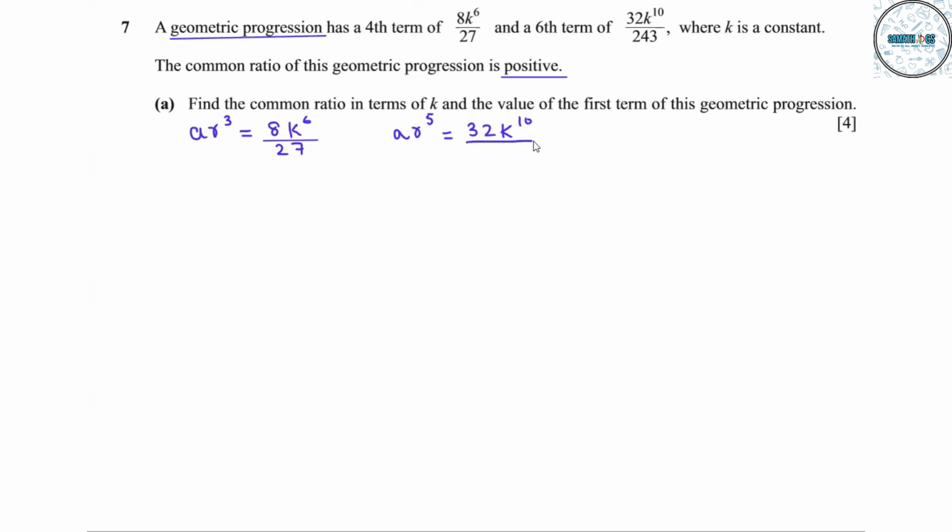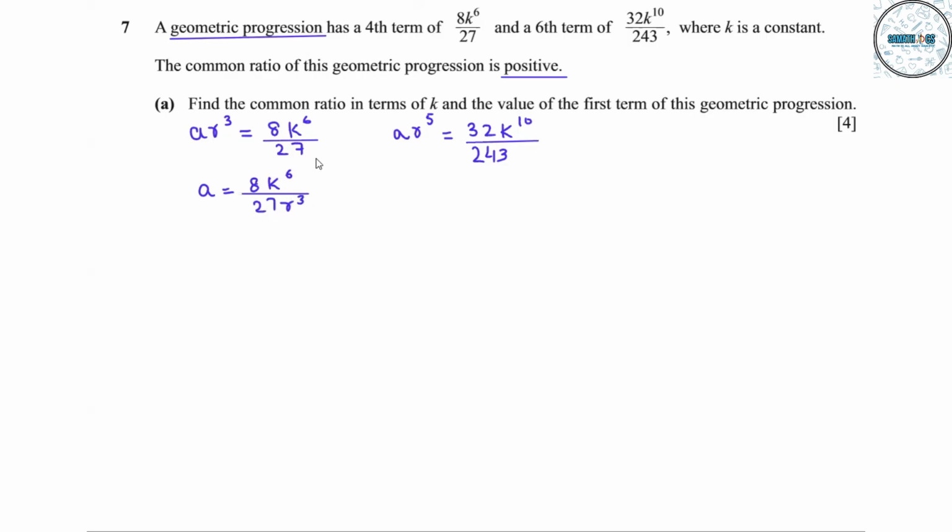upon 243. We can make a the subject from both of these equations. So a is equal to 8k power 6 divided by 27 into r cube.